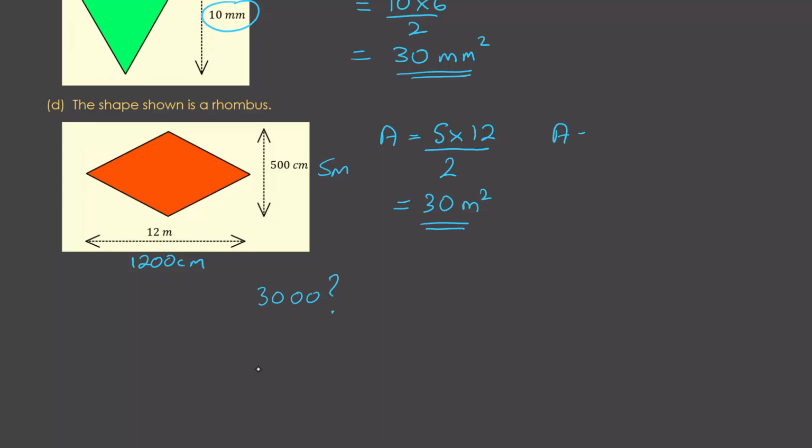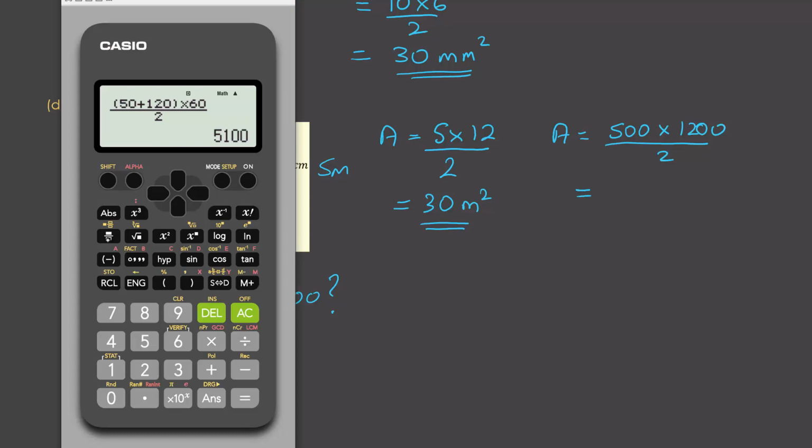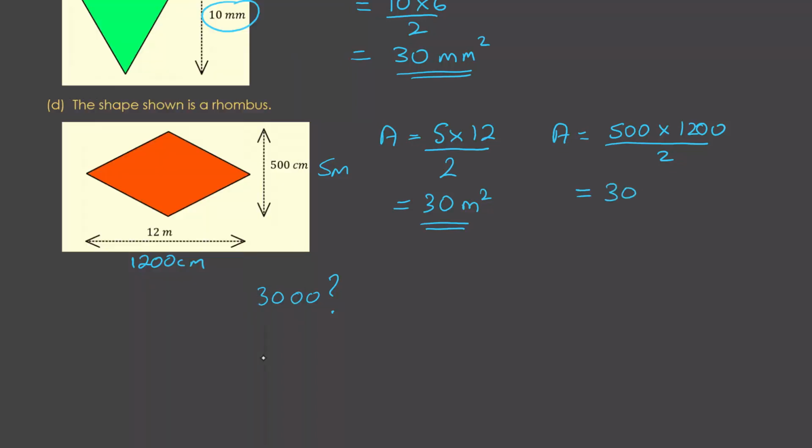Let's do it. So we're going to get 500 times 1,200 and divide that by 2, and what we get is actually 300,000, and that is in square centimeters.